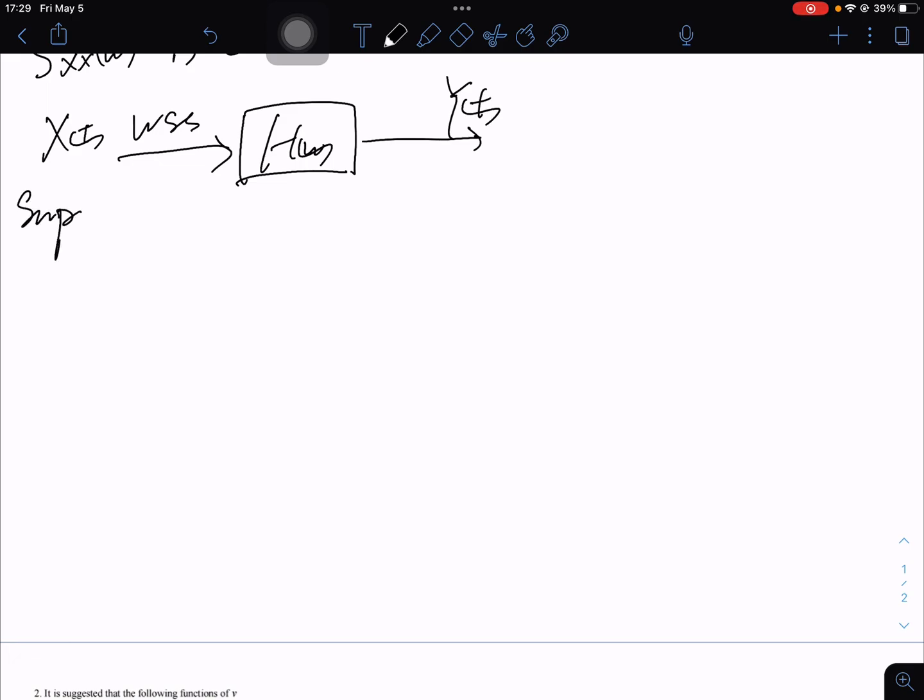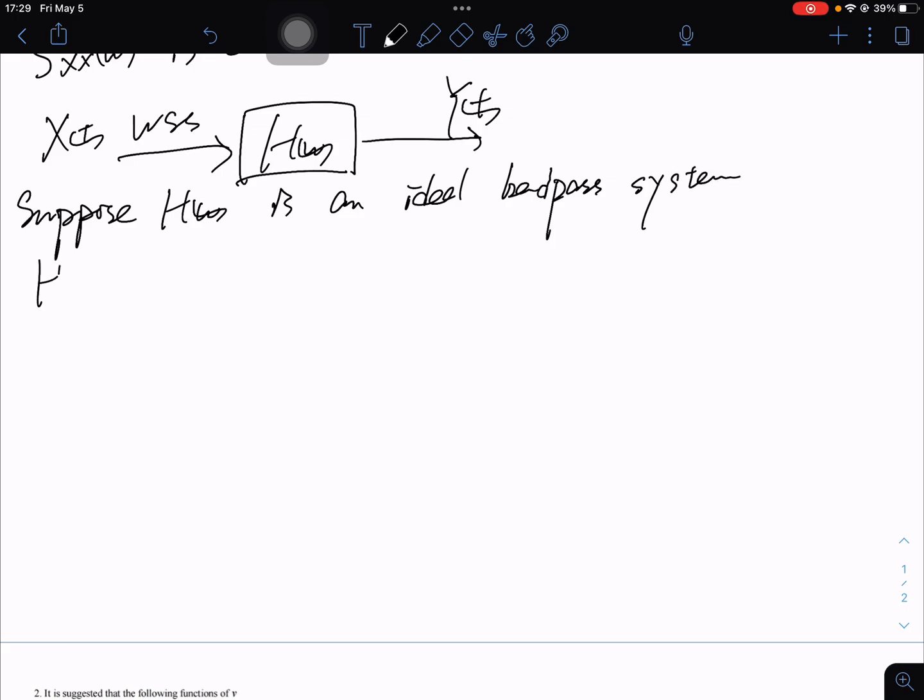We suppose that H(omega) is an ideal bandpass system. What is a bandpass system? H(omega) equals 1 when omega is larger than omega 1 and smaller than omega 2, and 0 otherwise.